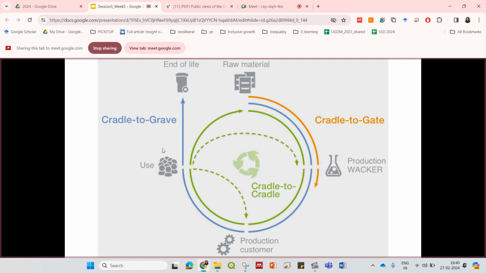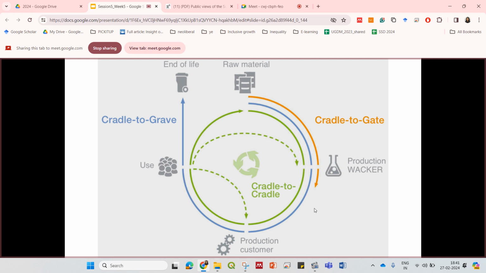Then there is cradle to grave, where it goes for decomposition, or goes to a landfill or to a solid waste management site. So that kind of a life cycle is called cradle to grave.